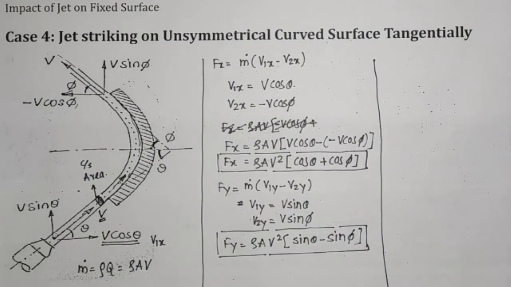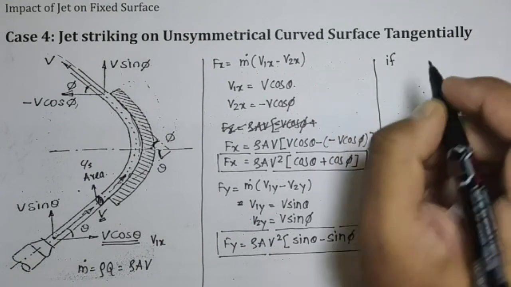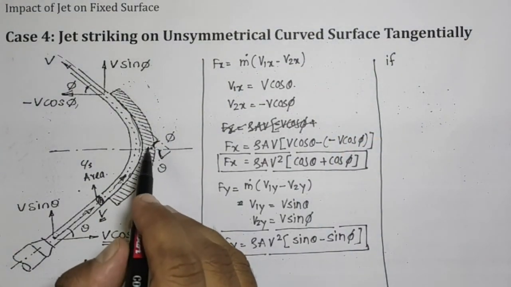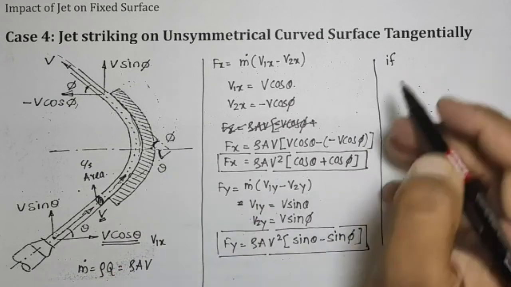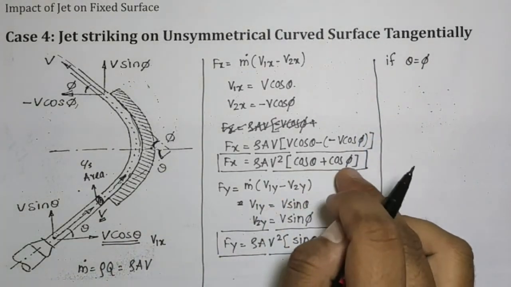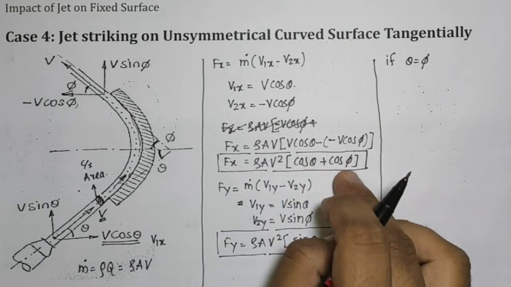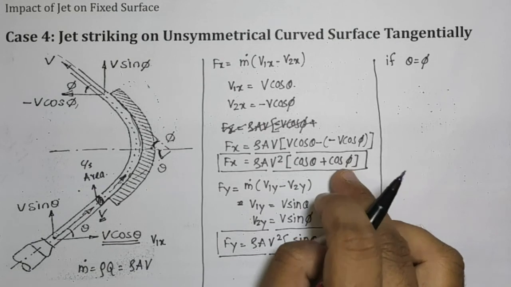Now one more thing remaining: what if the curved surface is symmetrical, meaning theta is equal to phi? Then cos theta plus cos theta becomes 2 cos theta.